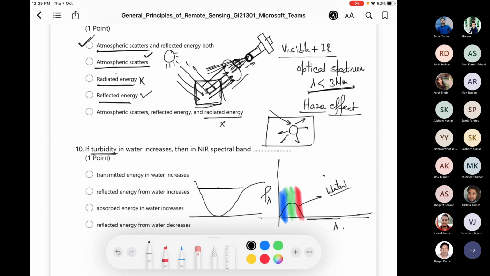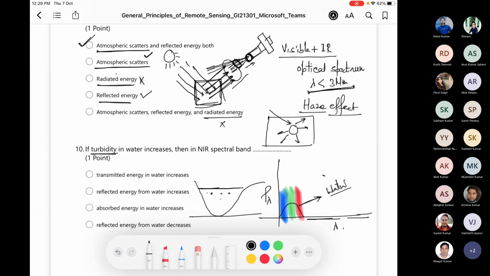If it is clear water, then this curve you will get. This will be valid. Turbidity increase means the mixing of soil particles or sand particles.